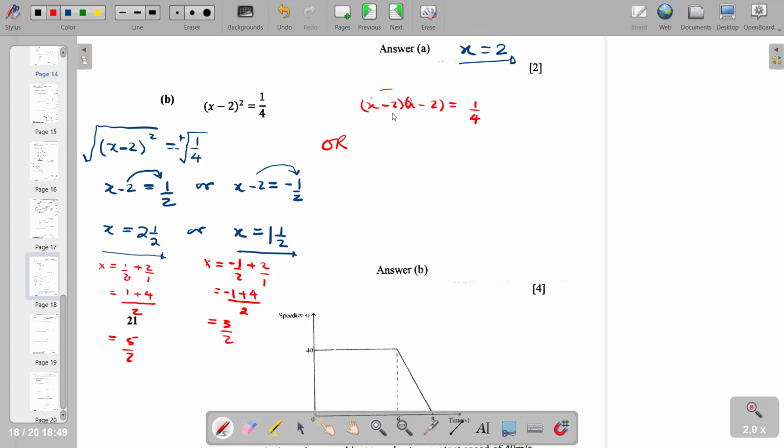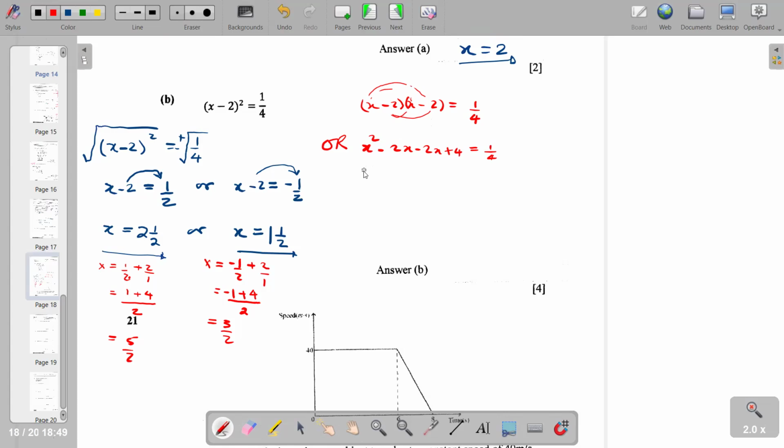Expanding this, we get x squared, this and this, minus 2x, this and this, minus 2x, then this and this is going to be plus 4 equal to 1 over 4.